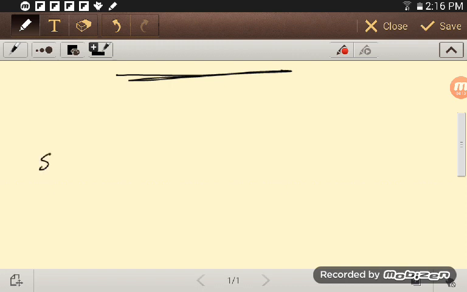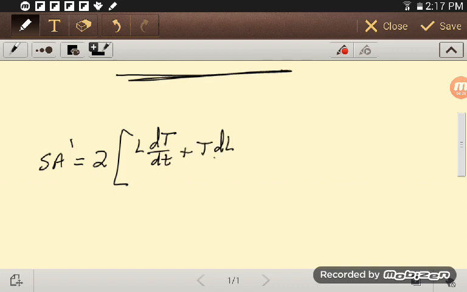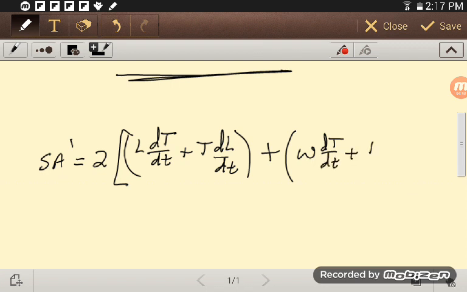You have SA prime is equal to 2 times L times dT like that, plus T times dL dt, and that is correct. And then you have that like so, plus W dT like that, plus T dW dt.